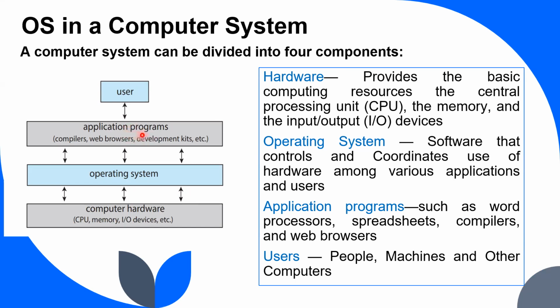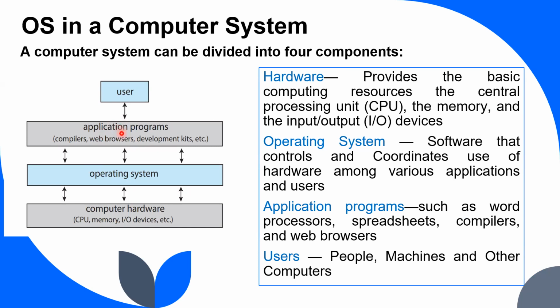These are all called application programs. And in between the computer hardware and the application programs used by the user, there is an operating system.